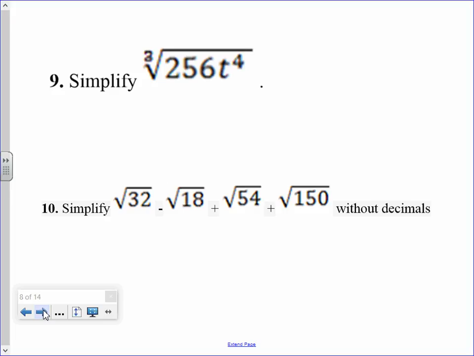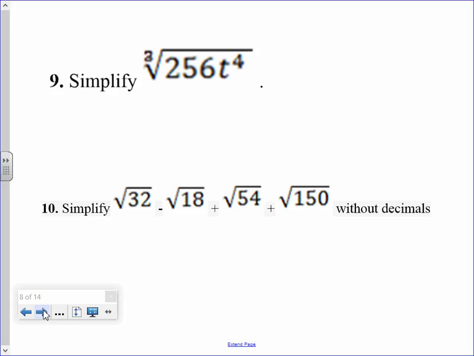All right, now here's the one I was talking about. Cube root of 256 t to the 4th. 256 has a perfect cube. What are some of our perfect cubes? You can start looking on your calculator.